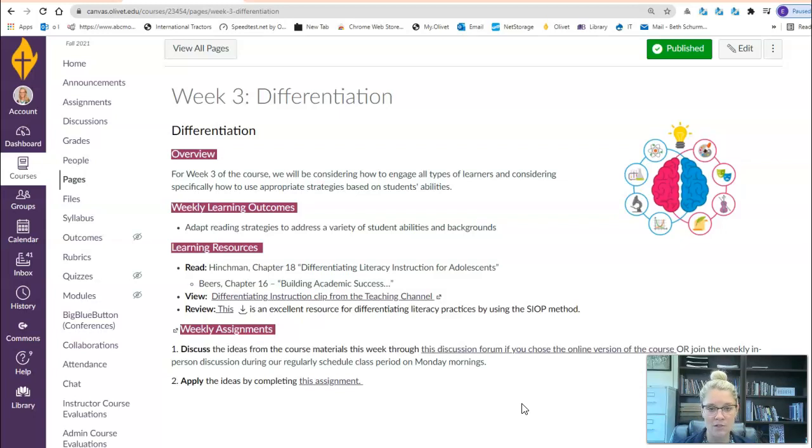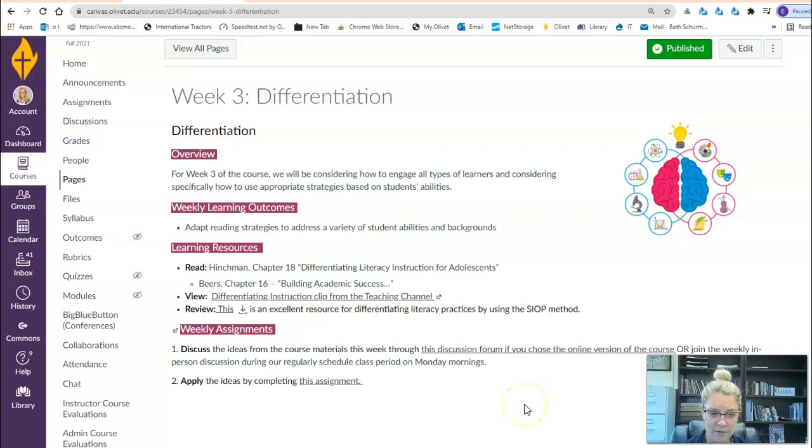So we are thinking more about students who don't necessarily have an IEP or a very specific determined plan for helping them to read and to comprehend, but we are thinking about all of the different ways that we can set up our instruction that may help those students, but will also help all of our students.